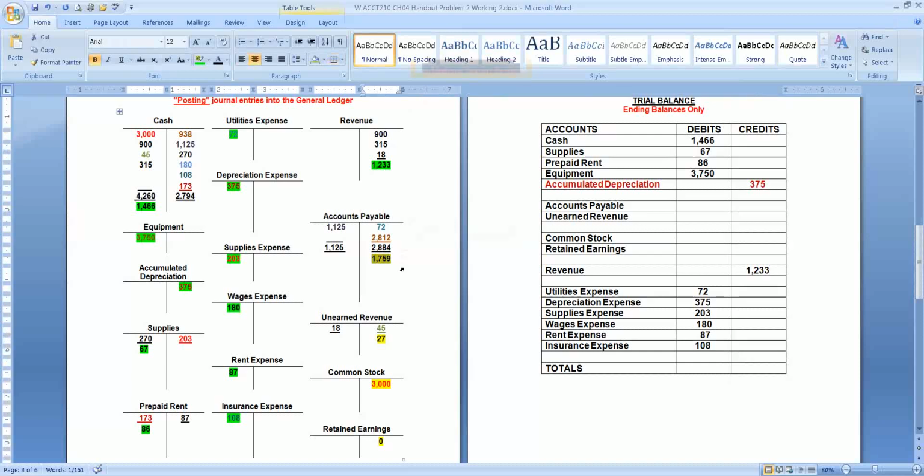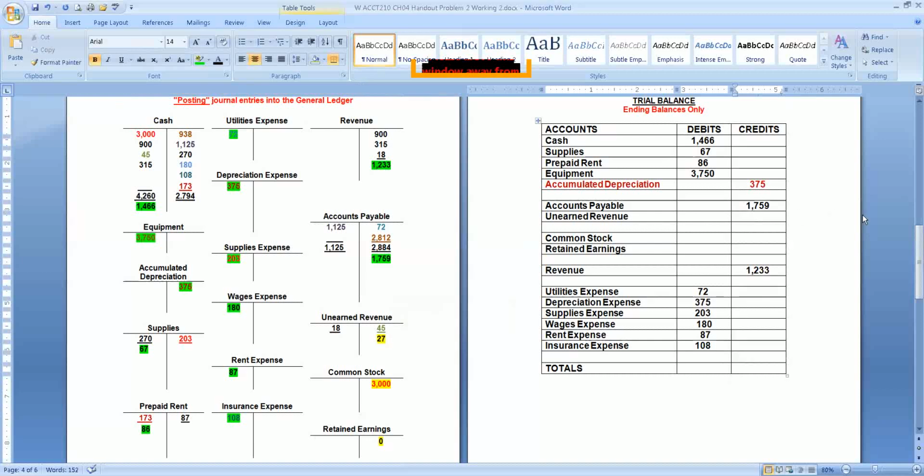Accounts payable, 1,759. Unearned revenue. Oops, 27, but I didn't highlight.